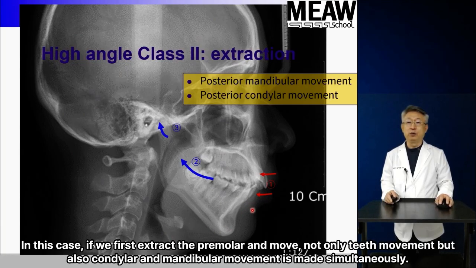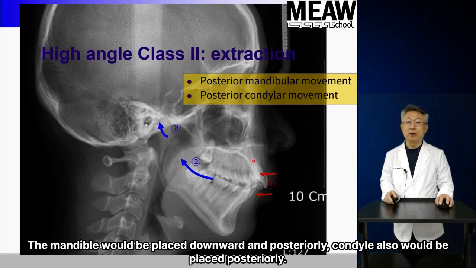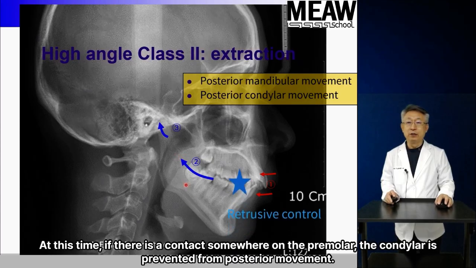In this case, if we first extract the premolar and move, not only teeth movement but also condylar and mandibular movement is made simultaneously. The mandible would be placed downward and posteriorly. Condyle also would be placed posteriorly. At this time, if there is a contact somewhere on the premolar, the condylar is prevented from posterior movement.